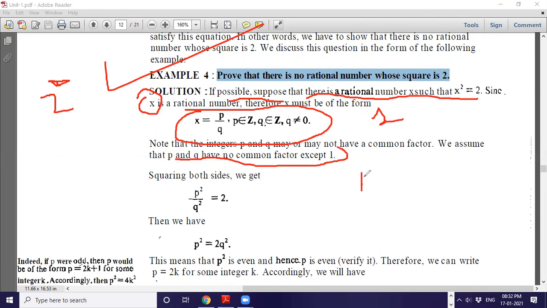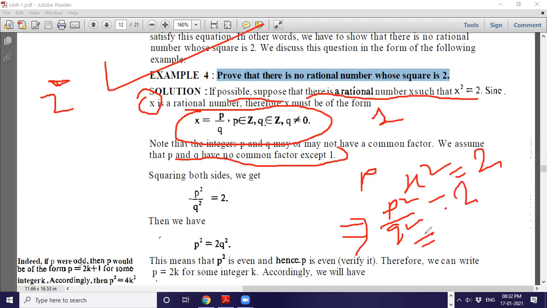Now, as we are assuming that x square is equal to 2, right? Now, x square means what? p square by q square, because x is equal to p by q. So, p by q whole square, that is p square by q square, is equal to 2. So, this means p square is equal to 2 into q square.